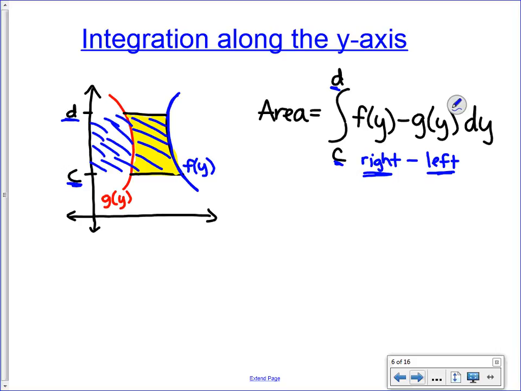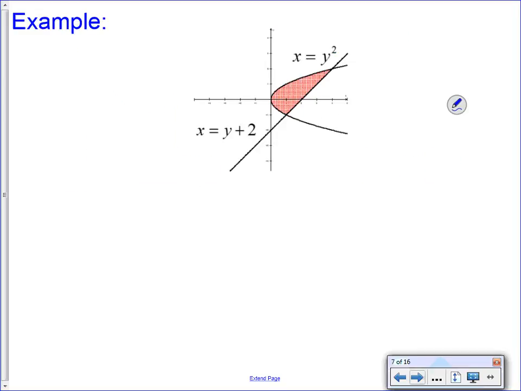And then if we integrate g of y, that's going to give us all the area between g of y and the y-axis. And so again, if we subtract the two, we'll be left with the area highlighted in yellow. So anytime you're integrating along the y-axis, just think right minus left. Let's look at an example.